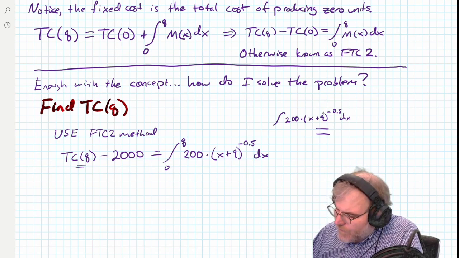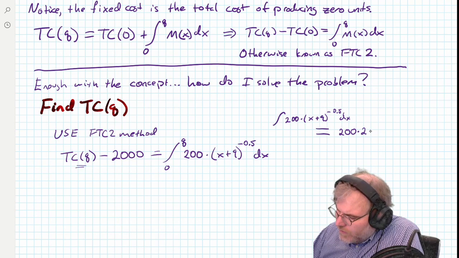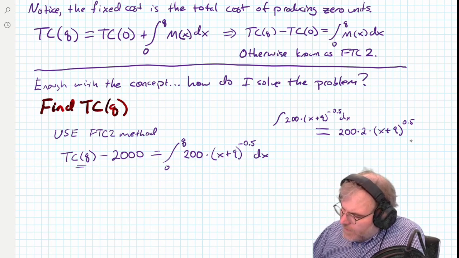I'm just going to treat this as one big unit. And this is going to be 200 times 2 times x plus 9 to the 0.5. Yes, and that gives me my checkup.